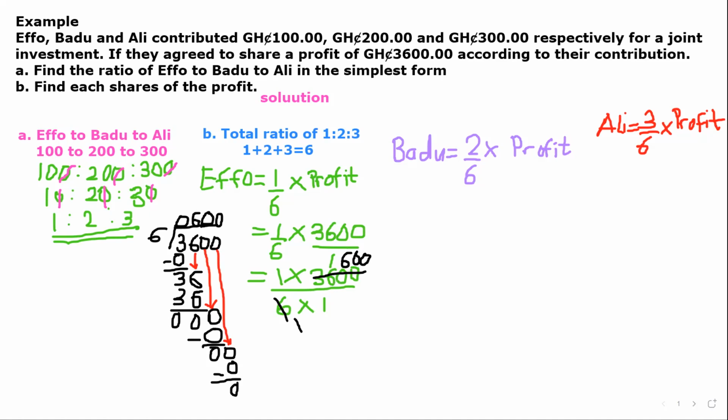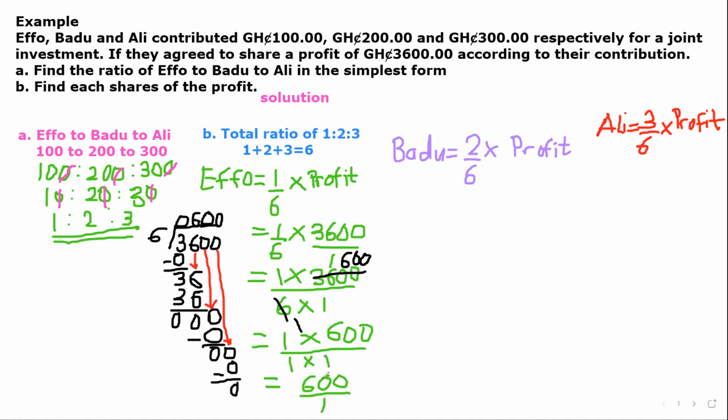Now the remaining numbers here is 1 times 600. Okay, good. All over 1 times 1. And when you multiply, you get 600 over 1.